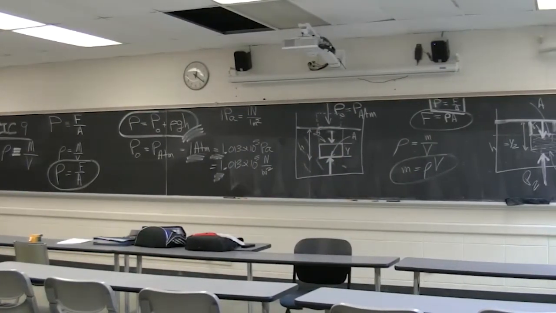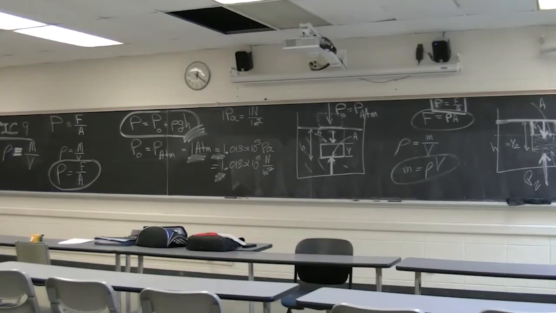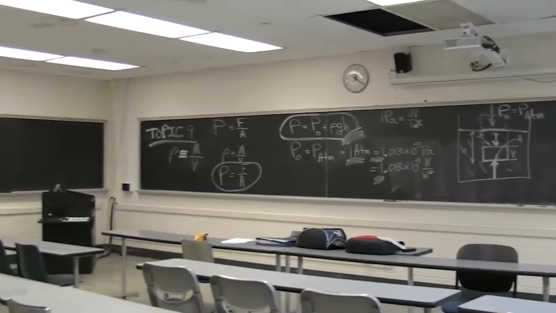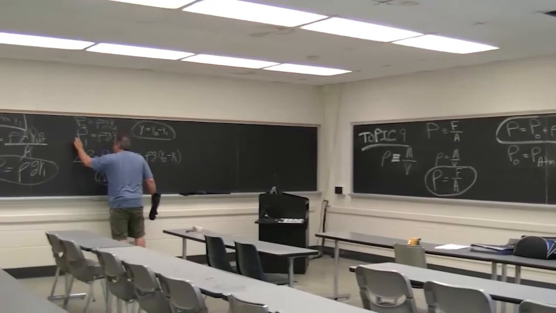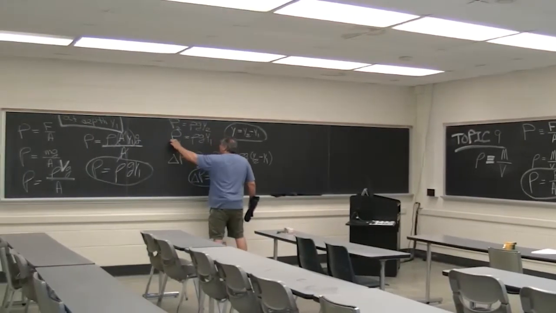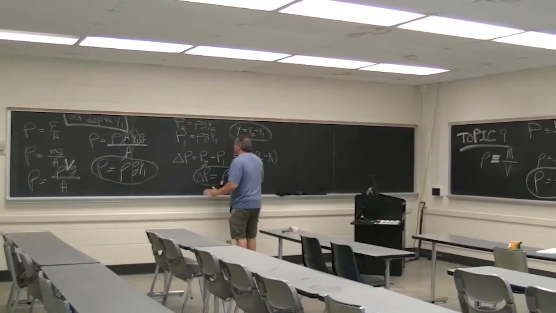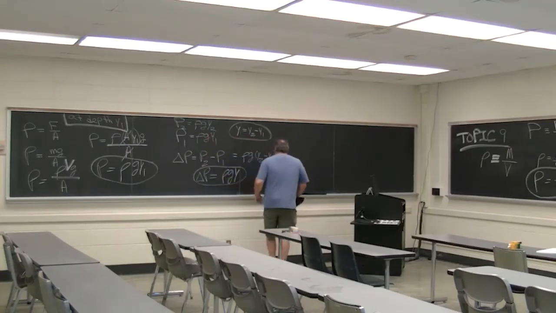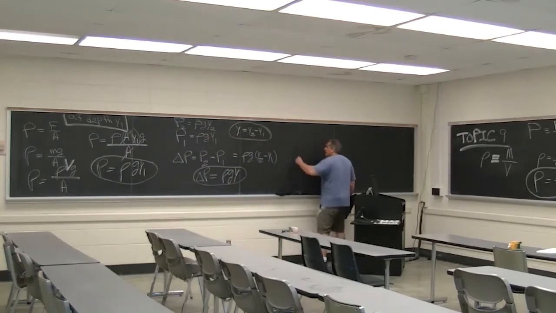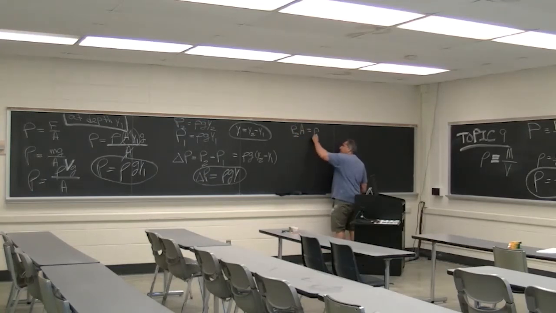So, if you multiply this guy by area, you got a force. You multiply this guy by area, you got a force. Subtract the two, you got the net force going upward, called the buoyant force. Pressure times area.